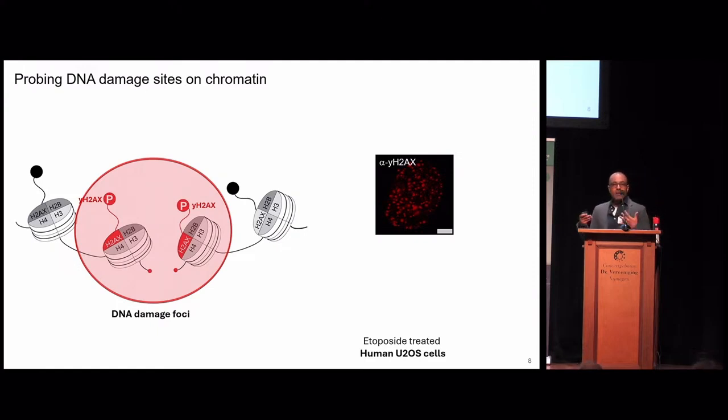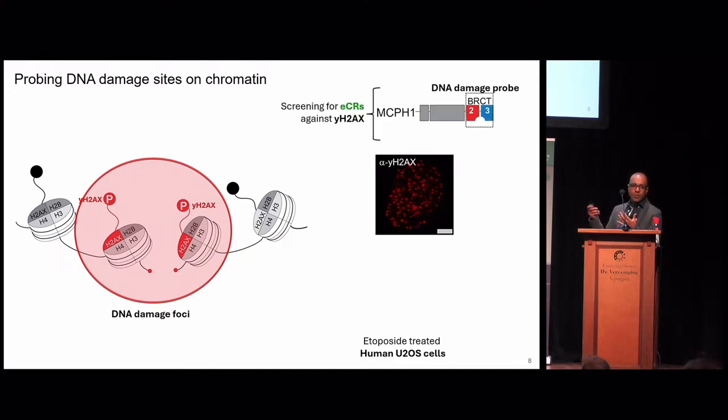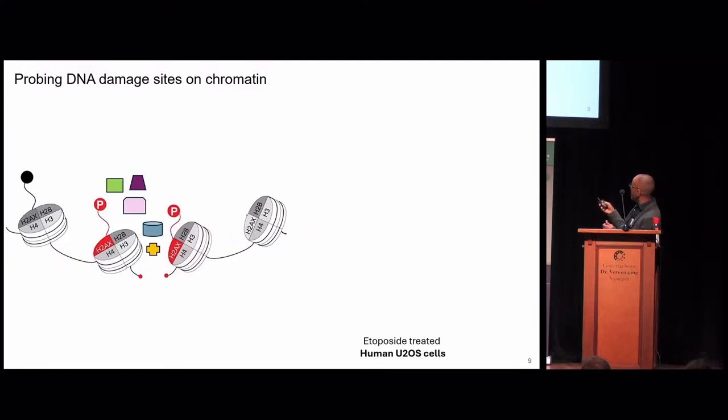Thinking about that, we screened and characterized readers, essentially phospho-binding modules that would have affinity towards this gamma H2AX phosphorylation, that would allow us to track these proteins in living cells. So I looked for many candidates, which I'm not going to show here due to time, but essentially I found that a protein called MCPH1, when fused with EGFP, essentially the BRCT domain of this protein, does colocalize and is tethered to double-strand break sites, as you can see here.